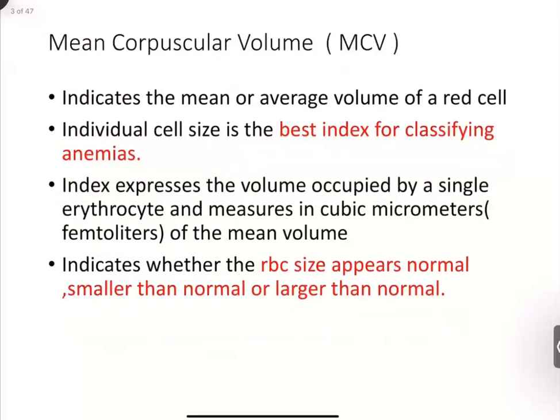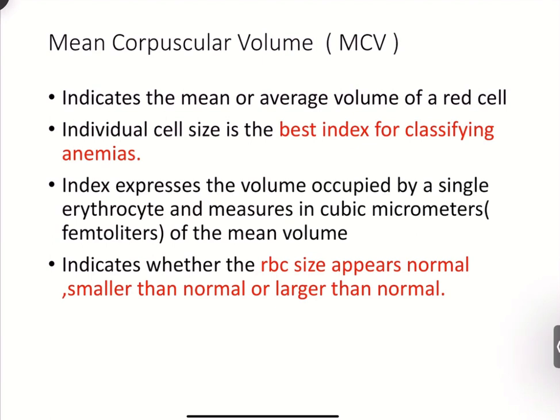So for your MCV, it indicates the mean or average volume of a red blood cell. The volume also correlates with the size, the individual cell size. We do have variation in size, which is known as anisocytosis.